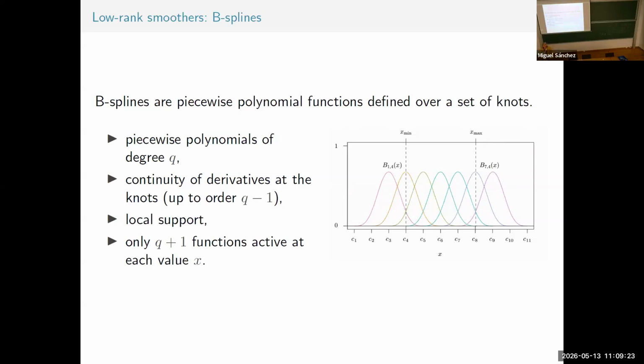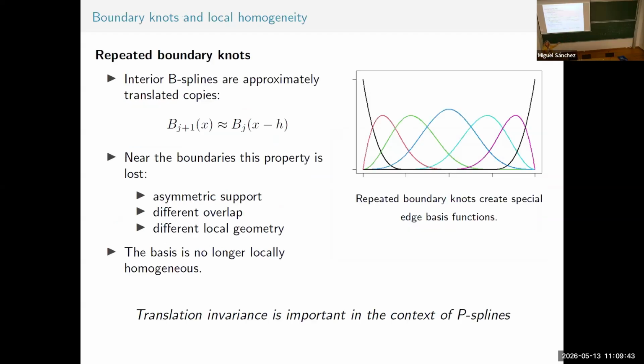So what do I do to get this? I also use knots outside the range of my covariate. Then I can define uniform B-splines. As I said, this is the opposite of the usual definition in which you repeat the knots at the end.